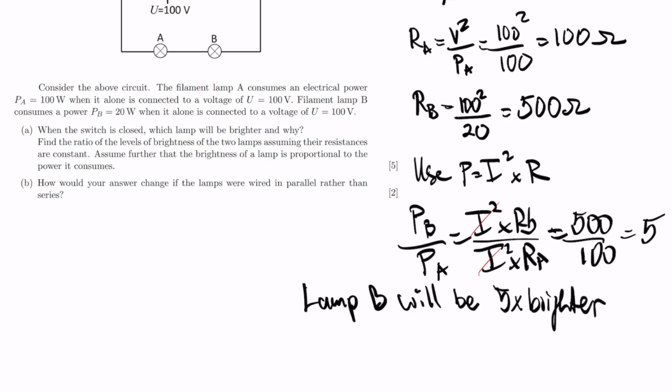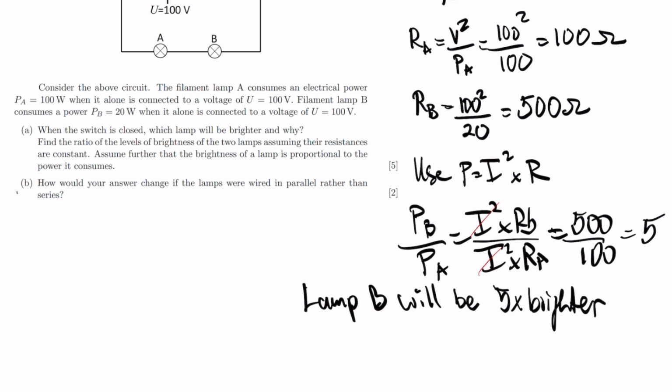Okay, B, how would your answer change if the lamps were in parallel rather than in series? Okay, so the answer will change quite dramatically. We can probably do this over here on the side.